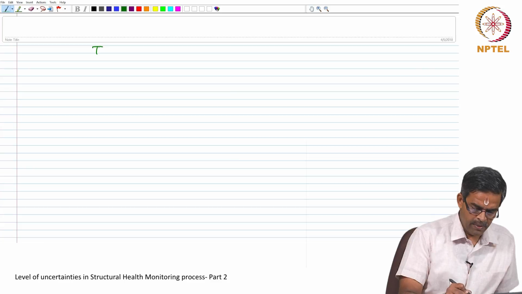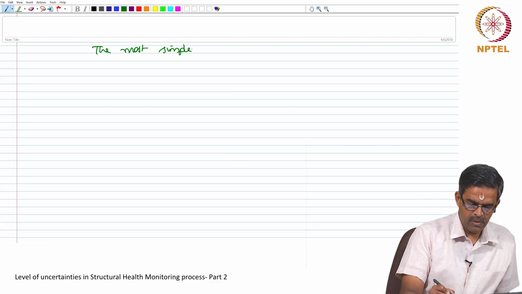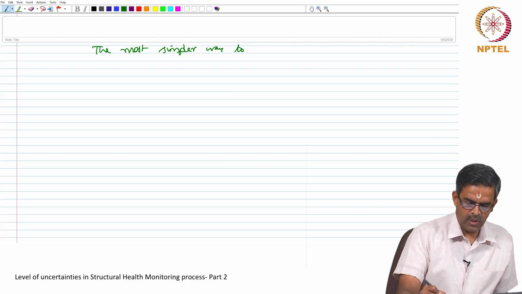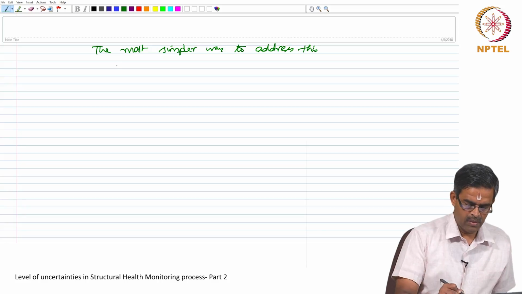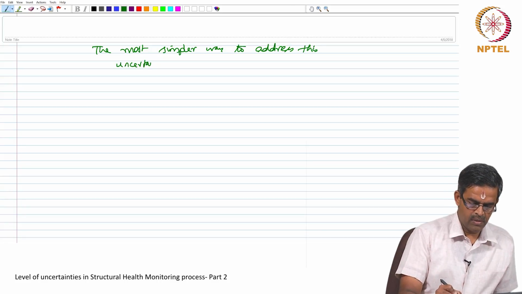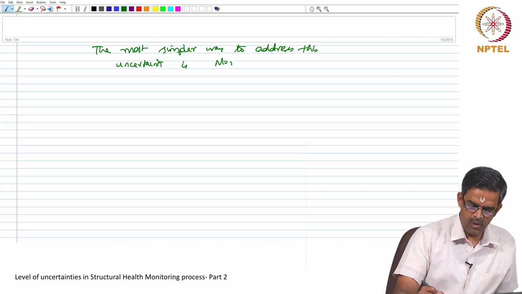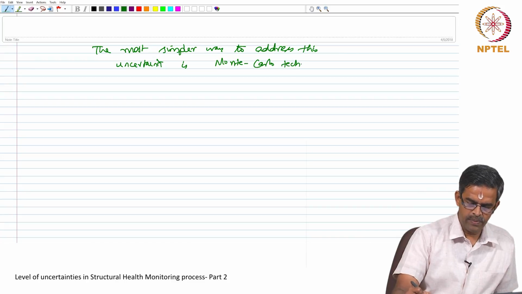Friends, the simplest way to address this uncertainty is the Monte Carlo technique.